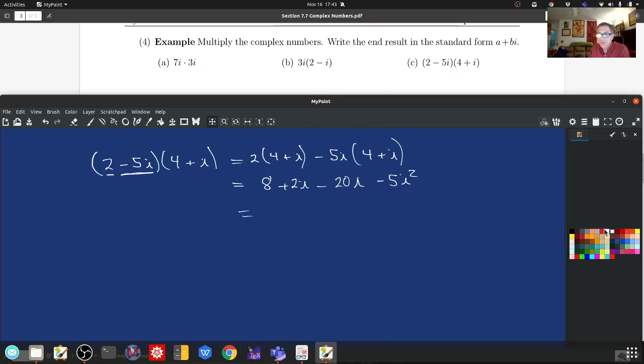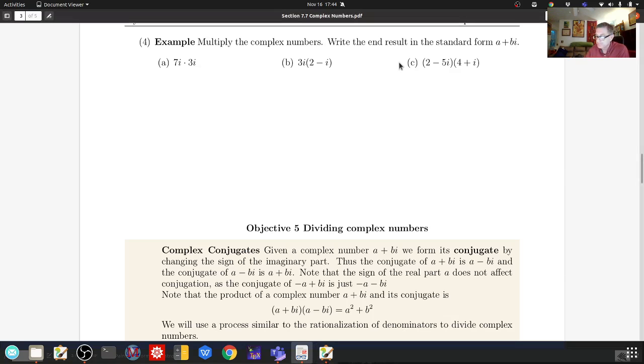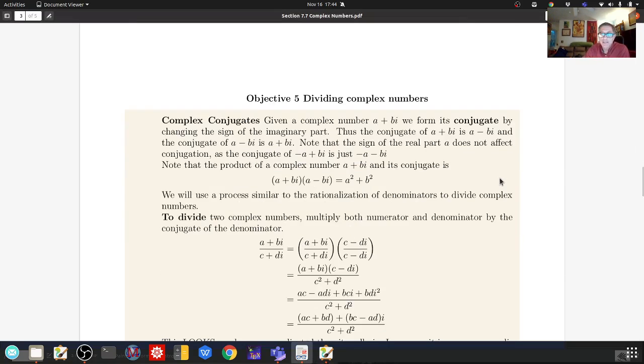So of course it's going to simplify to 8. 2i minus 20i is minus 18i. And minus 5i squared is minus 1. That's 8. Minus 5 times minus 1 is plus 5. Minus 18i. And this is equal to 13 minus 18i. Of course, the exact same number that we got here.